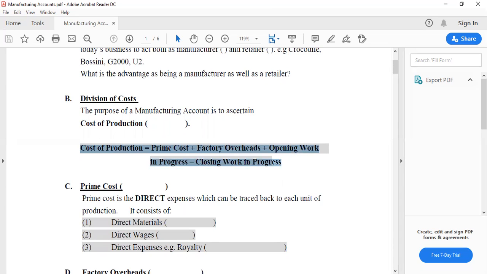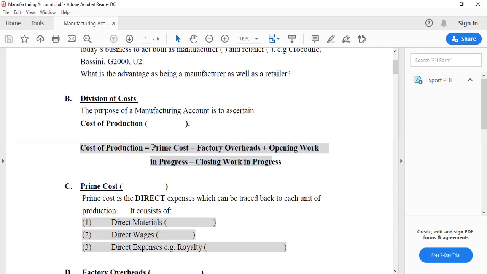The cost of production, which you can also refer to as the manufacturing cost, is equal to the prime cost plus the factory overheads plus the cost of work in progress, that is, the opening stock of work in progress minus the closing stock of work in progress.